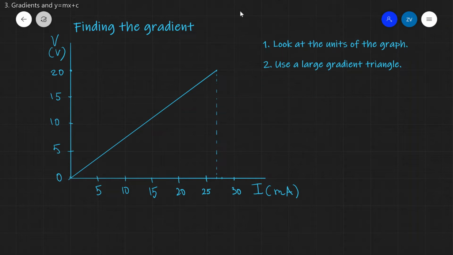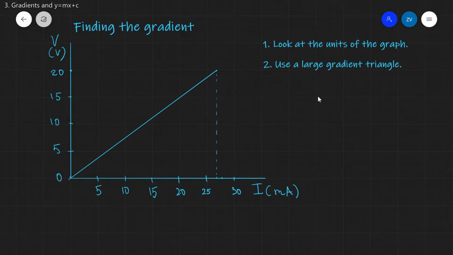First off, we absolutely must be able to find the gradient of a graph. For instance, I have a graph here of voltage against current. The first rule that we need to remember is that we always need to look at the units of the graph. Very often we may have non-standard units. For instance, here we just have volts, which is fine, but down here we have milliamps.